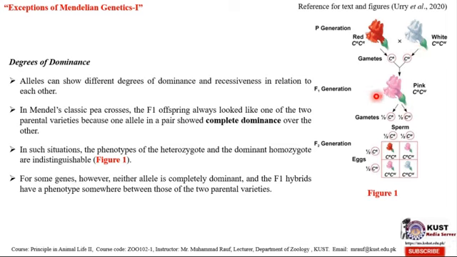But when the F1 hybrids were crossed with one another, the F2 generation gave a typical Mendelian ratio, where three of the plants had color and one of them was colorless. So it was a typical Mendelian ratio, 3:1.